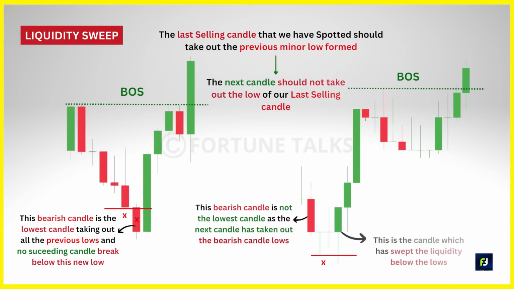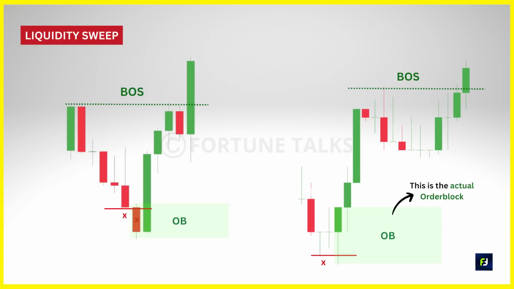This also means that the next candle should not take out the low of our last selling candle. Now, if you are unaware of what liquidity and liquidity sweep are, then I suggest you watch my videos on the same topic. So if the last selling candle was unable to take out the previous liquidity, or if the succeeding candles take out the low of our last selling candle, then we will not consider this candle for marking our bullish order block.